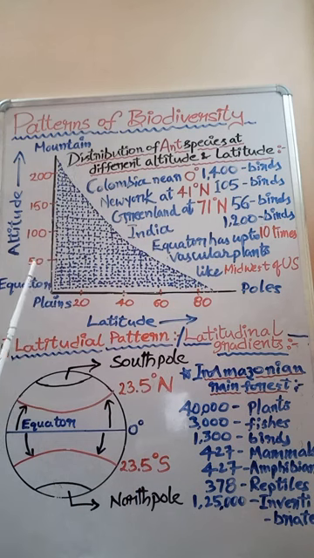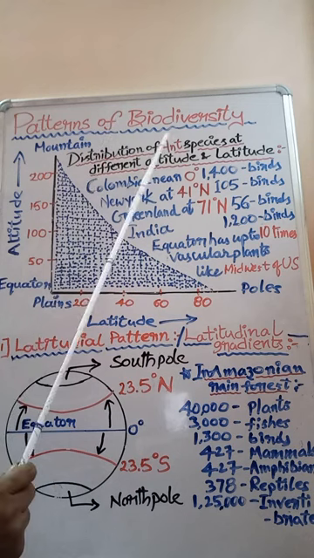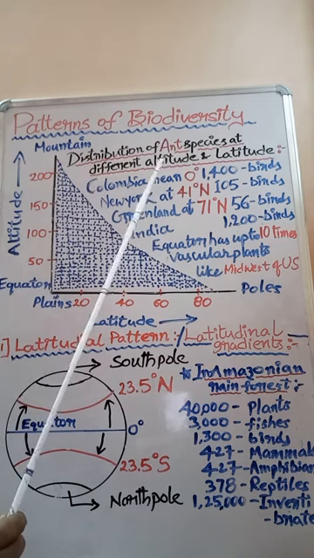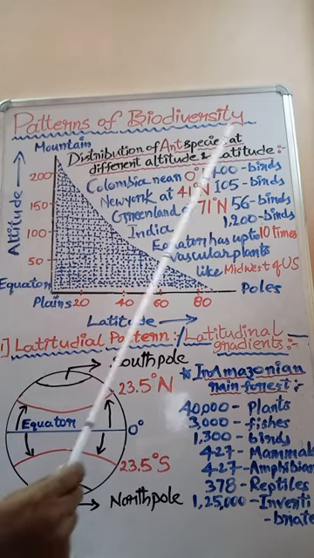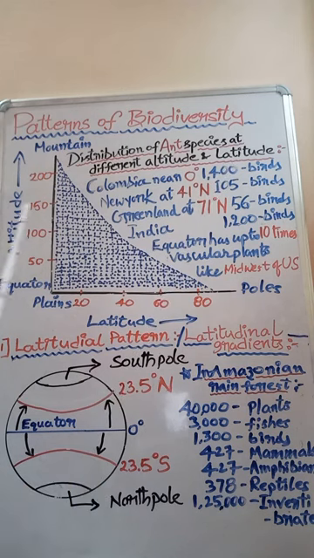This graph represents the distribution of different ant species at different places, latitude and altitude. Now, in this graph, one direction is towards altitude from equator, and one direction is from plains, latitude, towards poles.